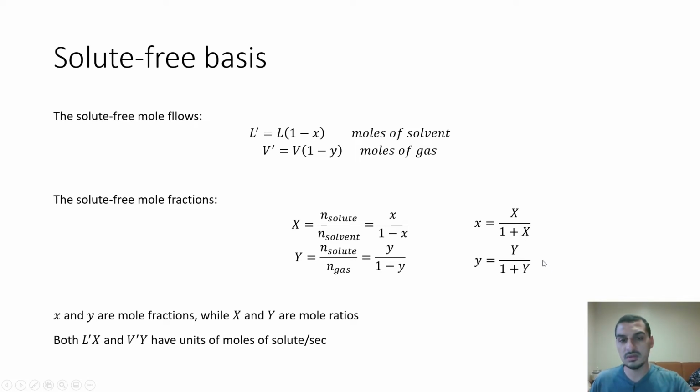I just want them to be in your mind because we will mainly use this equation in the following slides, and we will use these equations in the calculations of the tray column when we go to Microsoft Excel. So it's better to refresh your mind regarding these equations.